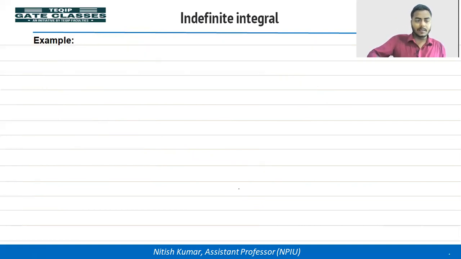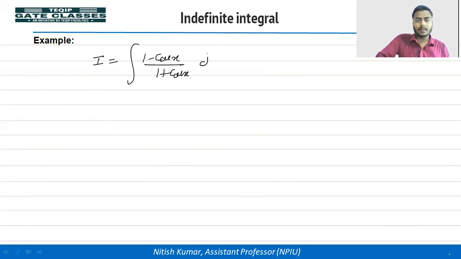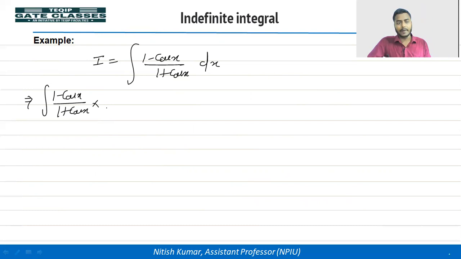Okay, take one more example: integration of 1 minus cos x divided by 1 plus cos x with respect to x. To solve this, we have to apply some trigonometric relation. So for this function, we can write integration of 1 minus cos x divided by 1 plus cos x.